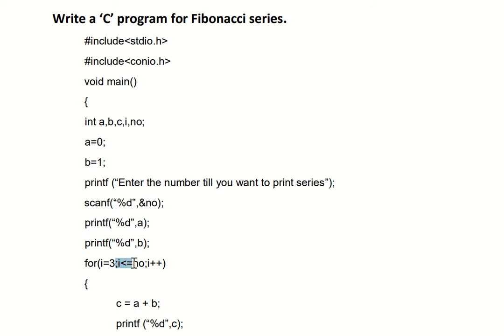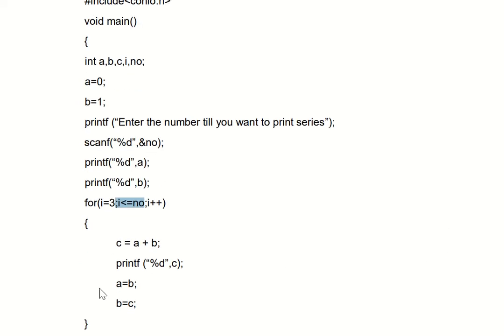So obviously condition is true, so it will go inside of this for loop. So c is equal to a plus b, which means 0 plus 1, so c is equal to 1, and then printf c. So this is your first number of Fibonacci series, second number, and this is your third number, which means till now the answer is 0, 1 and 1.